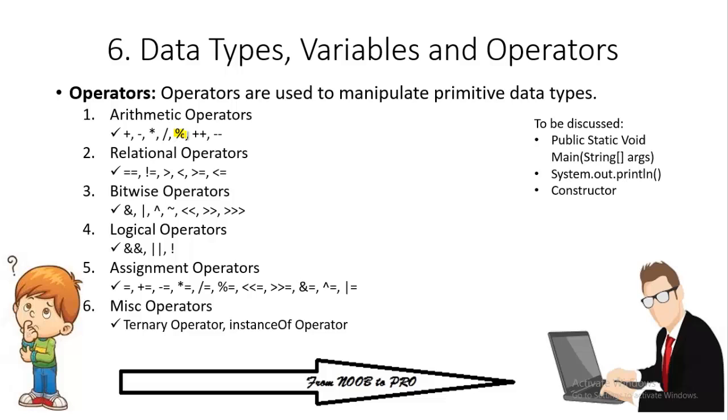But 5 modulus 2 will give us 1 because the remainder is 1. Okay, so plus plus and minus minus, these are the increment and decrement by 1. If a data value is 6, plus plus will make it 7 and minus minus will make it 5.